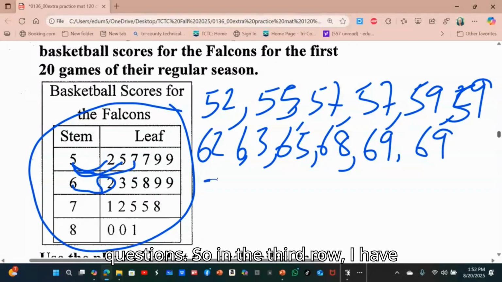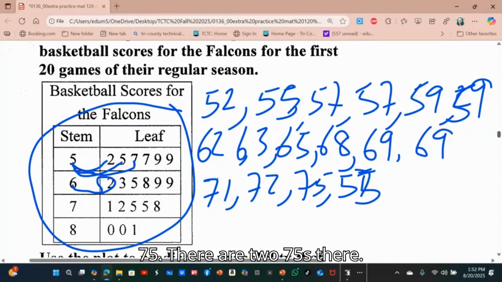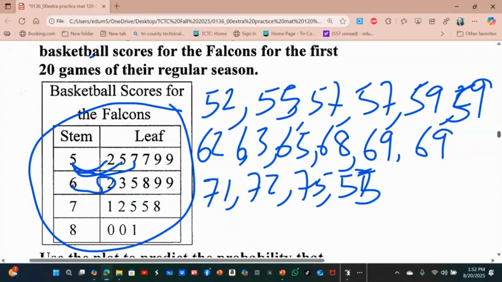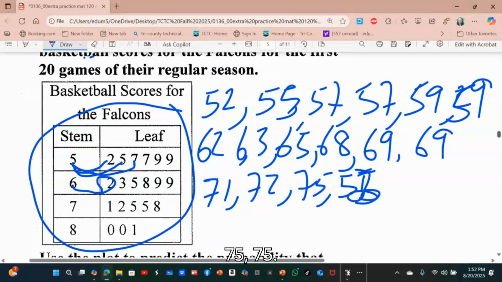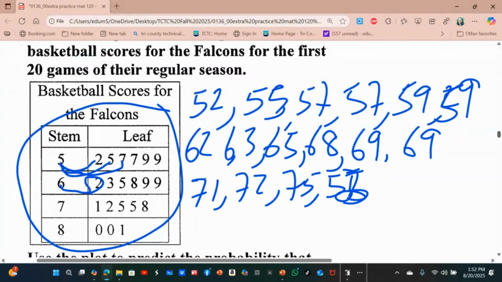And they can also ask me more questions. In the third row, I have 71, 72, 75, 75, 75. There are two 75s there.